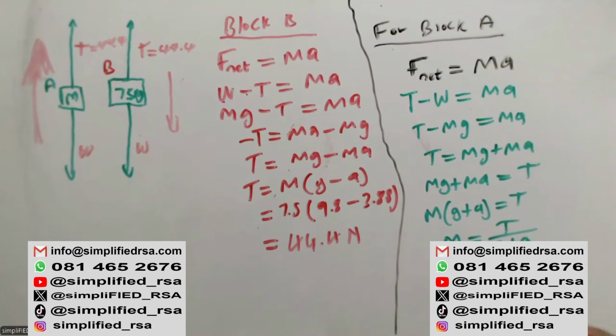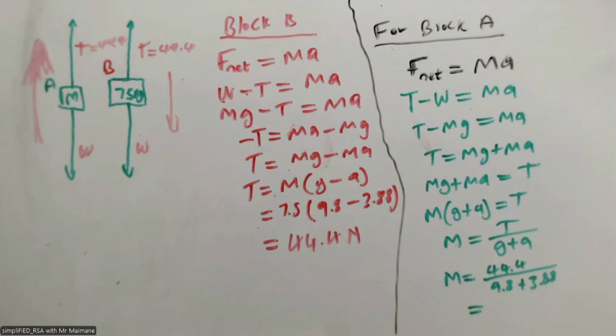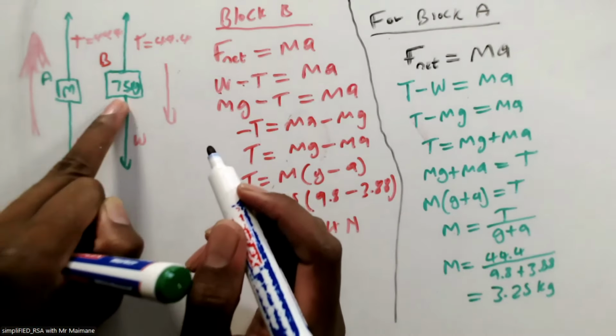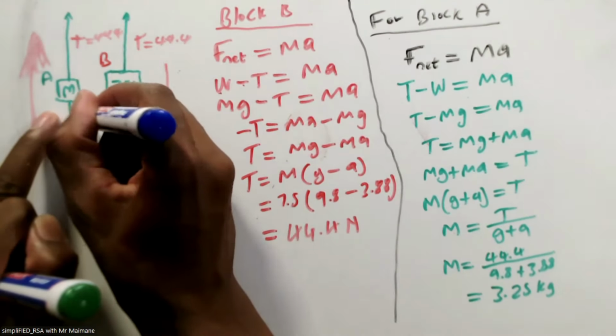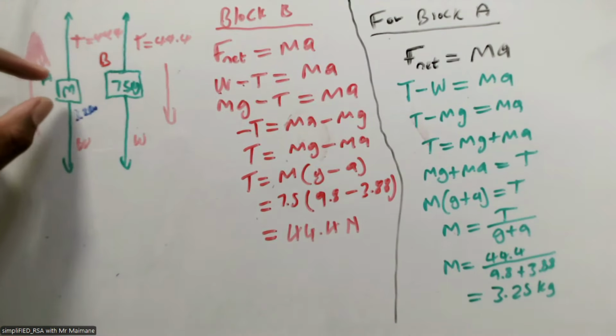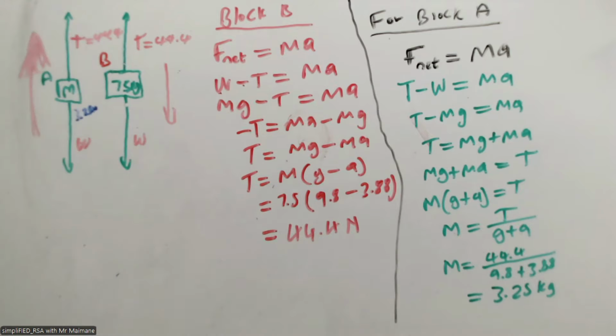And then to get the actual mass there, it's going to be 3.25 kg, which makes perfect sense, because if mass B is 7.5 kg and mass m is 3.25 kg, it means this mass is bigger to pull this mass up when it is dropping downwards. So that's it for 3.2.4.